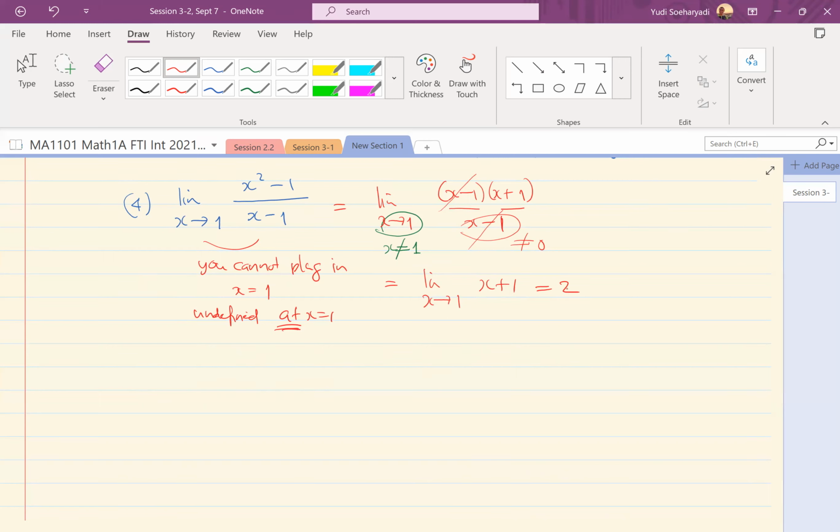Let me try again to find some more examples. Okay. Another example is this one. Okay, let's do this one. Let's compute this limit.